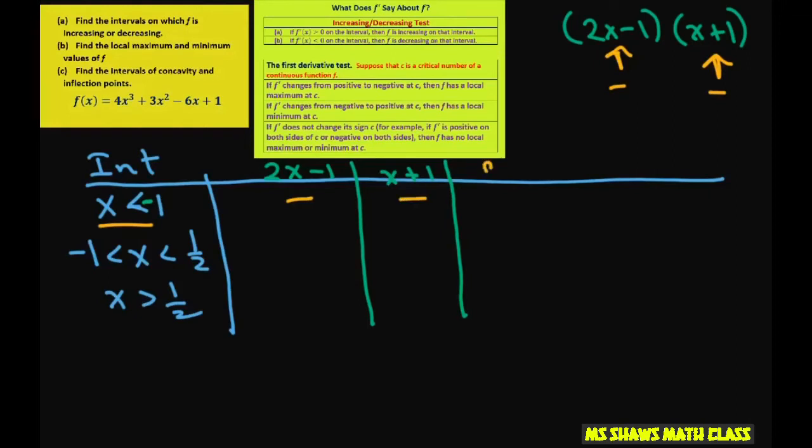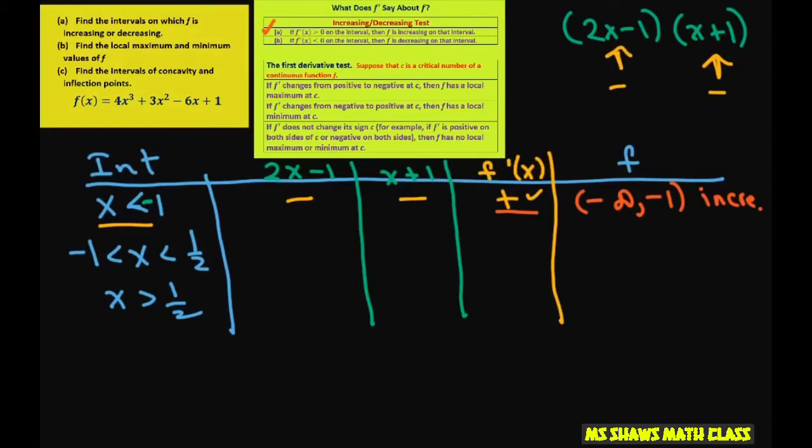And then for f prime of x, two negatives make a positive. Since this is positive, that means your function is increasing on the interval negative infinity to negative 1.